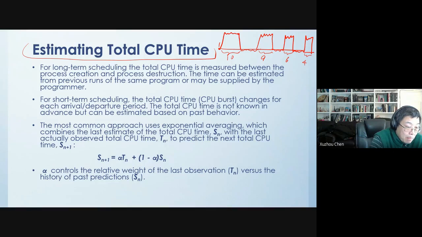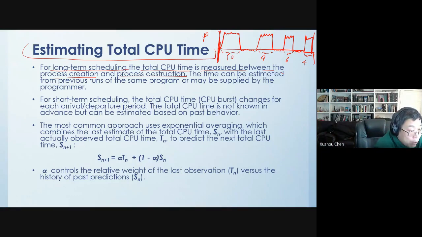Now for the long-term scheduler, it's relatively easy because the total CPU time is measured between the process creation and the process destruction. So what's the total CPU time? Here's the starting point for the process. And after the process finished the 4th CPU burst, it finished the job and quit.